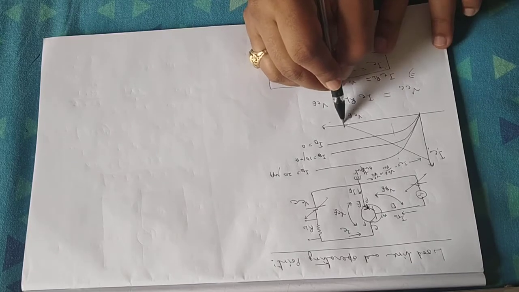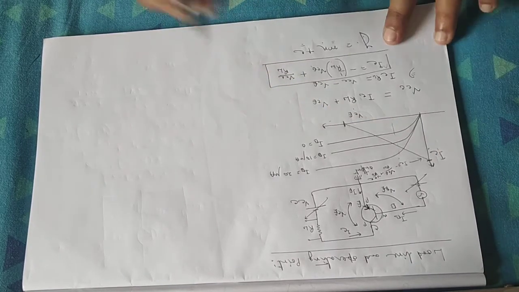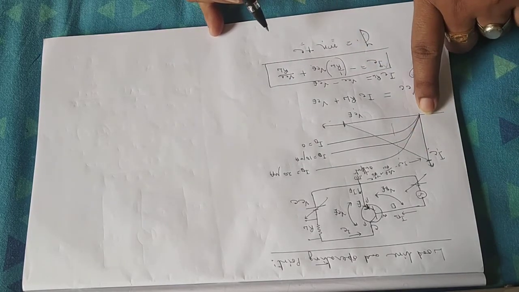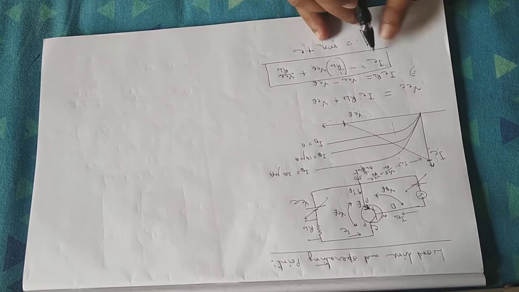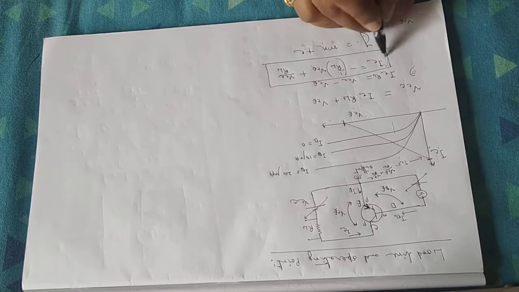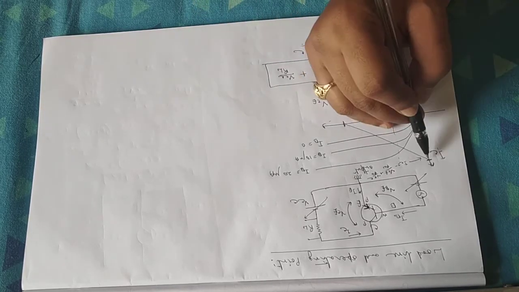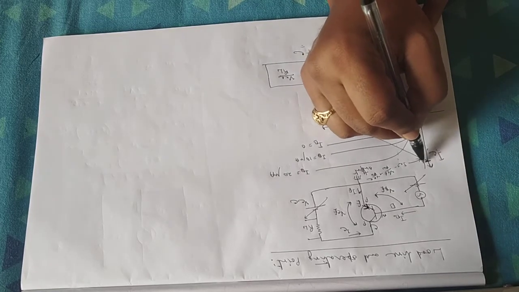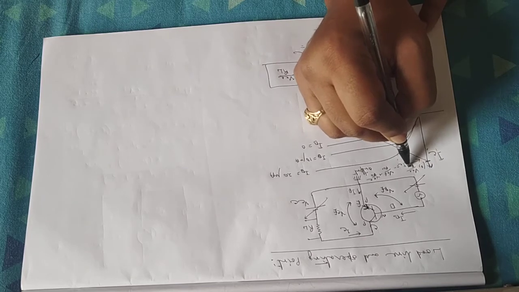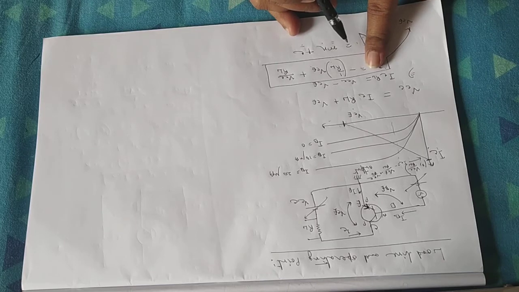Now what will be the value of the intercept on the x-axis, the VCE axis, and what will be the value of the intercept on the IC axis? For the IC axis, you have to put VCE equals 0. If you put VCE equals 0 in this equation, you get IC equals VCC by RL. So this point is (0, VCC by RL). Similarly for the other point, you put IC equals 0.